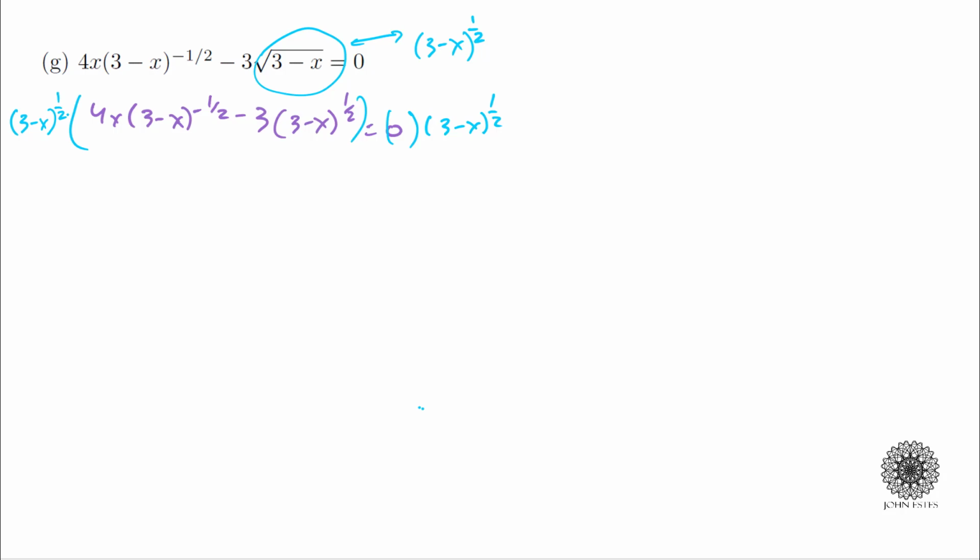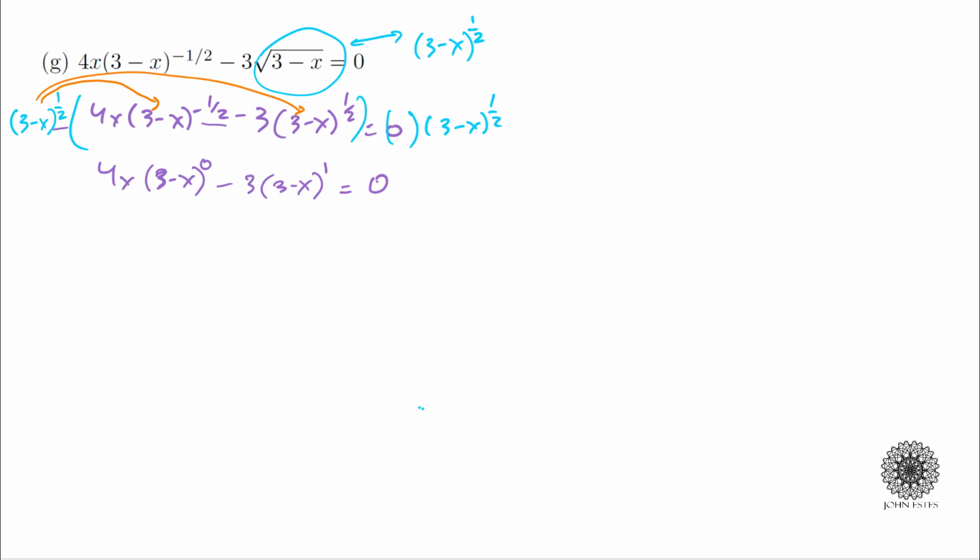Okay, so why this is useful is because when I distribute across on this side, something special happens. I get 4x times 3 minus x. Now I need to add the exponents to the 0 power. Negative 1/2 and positive 1/2 add to give me 0. Then I have minus 3 times 3 minus x. I have to add the exponents, so it's 1/2 plus 1/2. That's the first power.